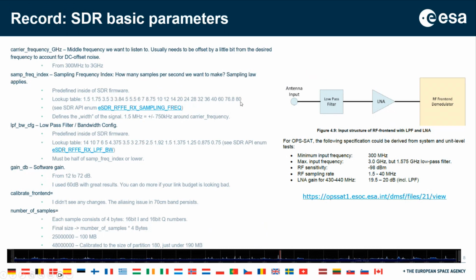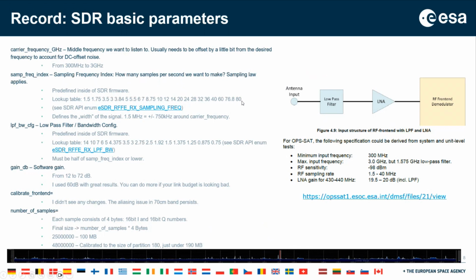And it basically specifies the bandwidth of the recording that's going to be performed. So around the center frequency, how many megahertz of bandwidth there will be. Effectively, it means that for a 1.5 megahertz bandwidth, so index 0 in this case, you will have 750 kilohertz to the right and 750 kilohertz to the left, altogether 1.5 megahertz.